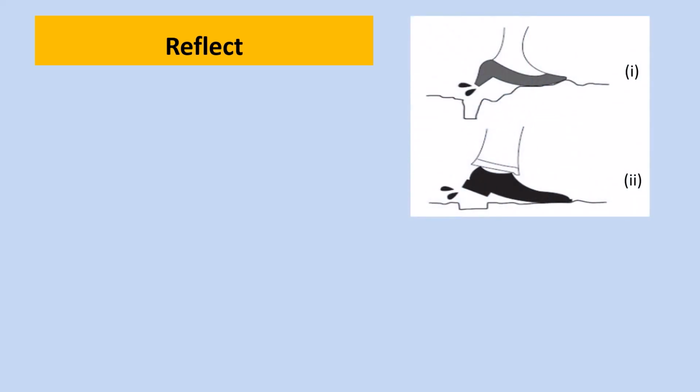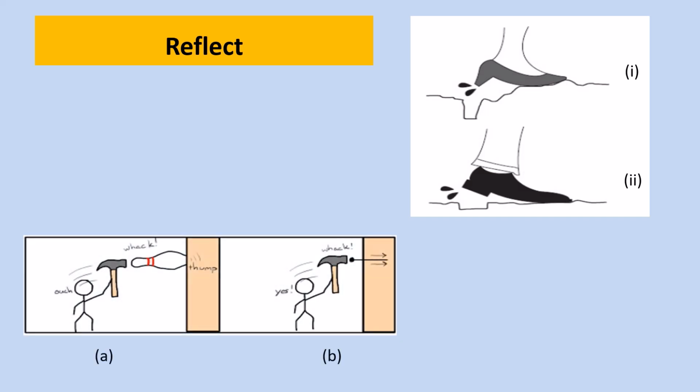This is the first diagram A, and there's the second diagram B here. What can you see in the first diagram? There are two pictures of two feet. Try to look at the difference between the two and try to relate that to pressure.